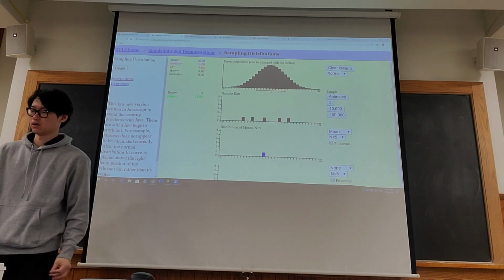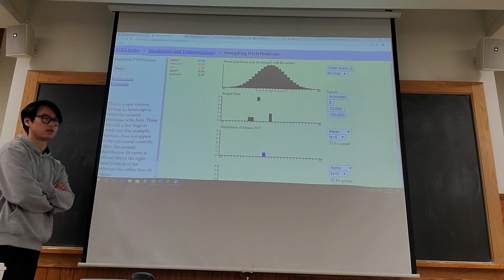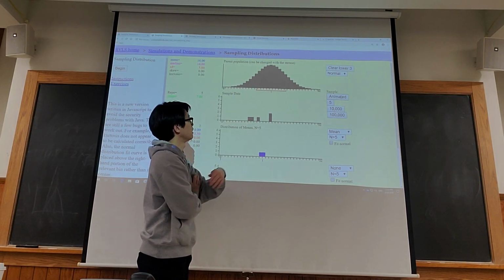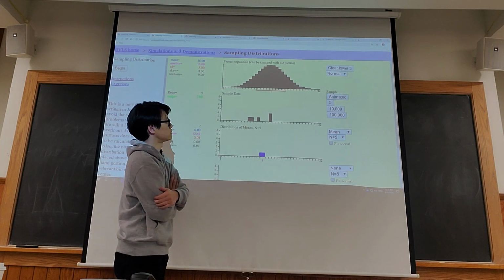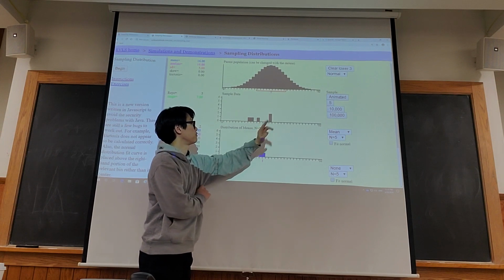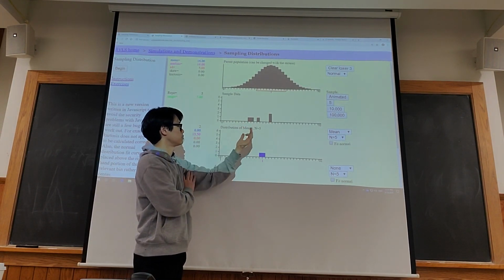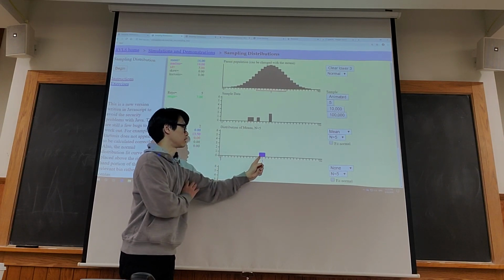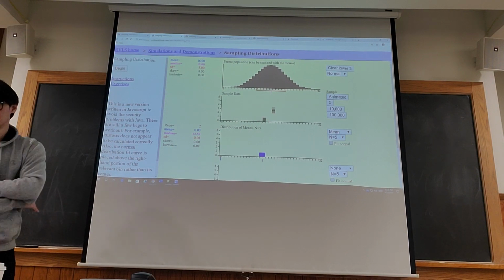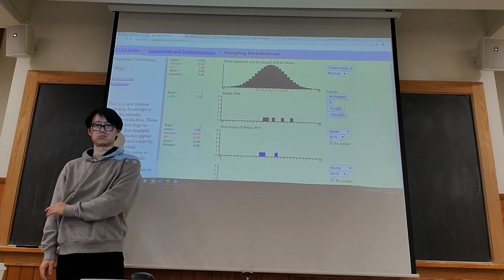So I do the same procedure. This time I got 5 different students, and 2 of them have the same height. I took the same sample average and got 1 more blue box there. If I do it again, I get another blue box.